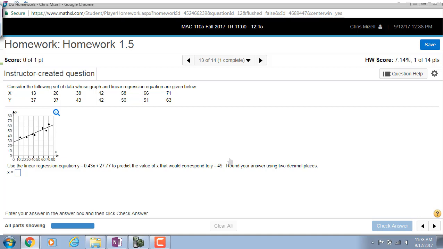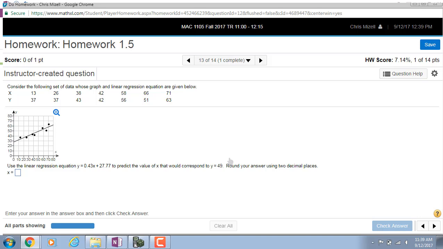The next question, you don't have to calculate the linear regression equation. If you do, hopefully you come up with y equals 0.43x plus 27.77. But that's given. The picture is given, the data are given, but you don't have to go through the process of calculating it because the linear regression equation is given as well.